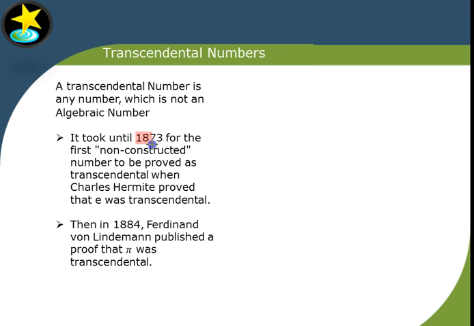For example, in 1873 was the first time Charles Hermite proved e was a transcendental number. Similarly in 1884, pi was proved as a transcendental number.